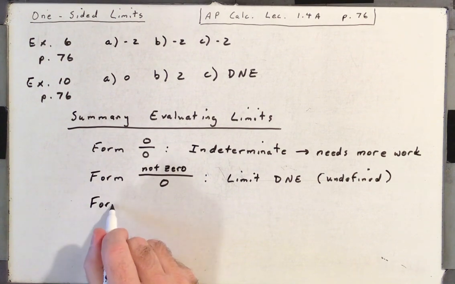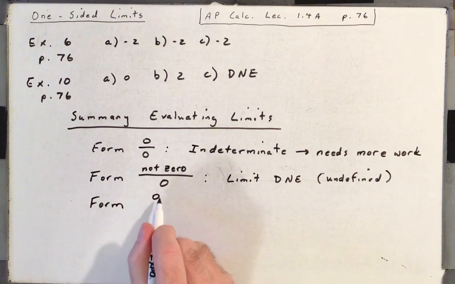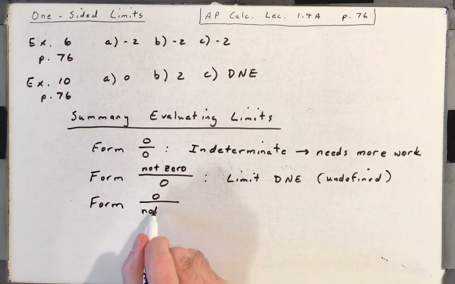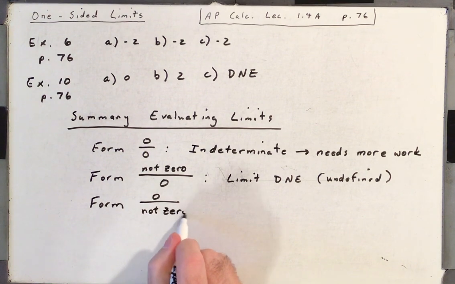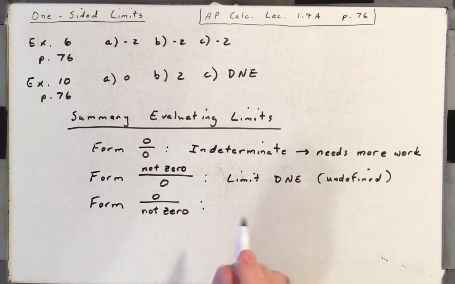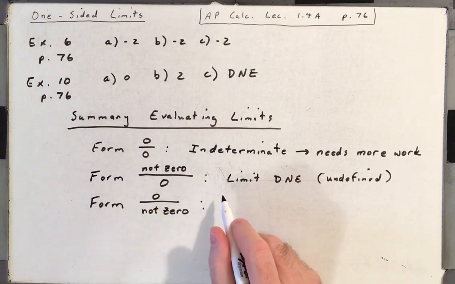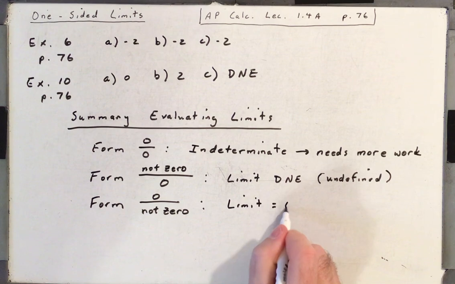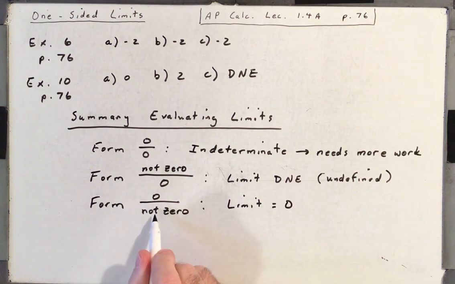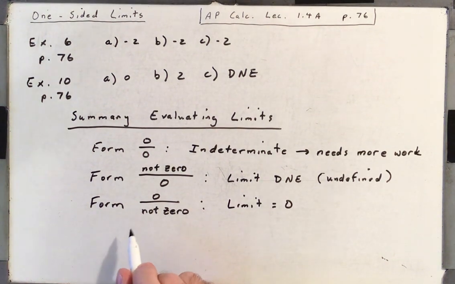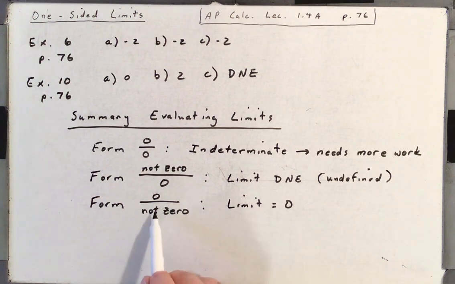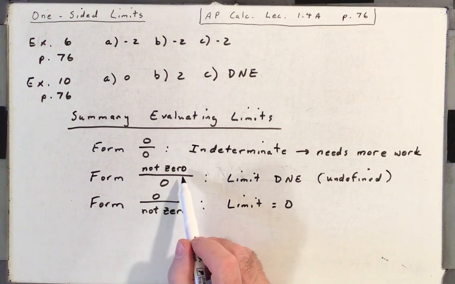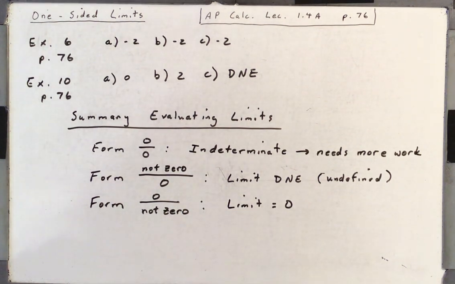And then you can also get a form 0 over not 0. In that particular case, the limit is just equal to 0, because 0 over a number that's not 0 is 0. Okay, so that one's easy. That one's easy. This one requires more work. Okay, let's move on to some more examples.